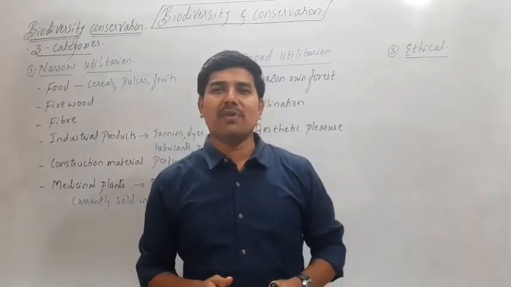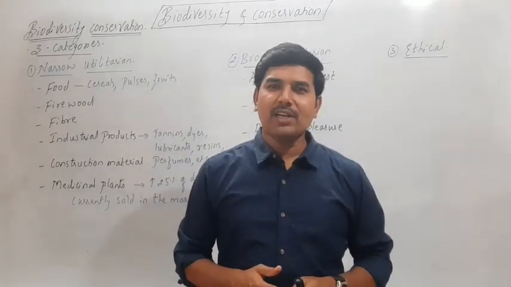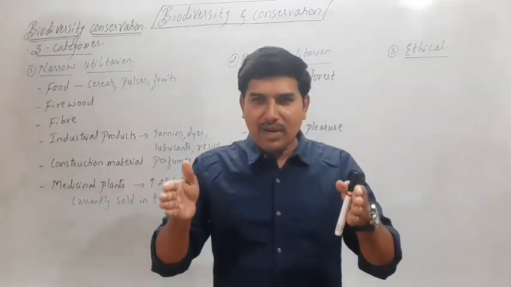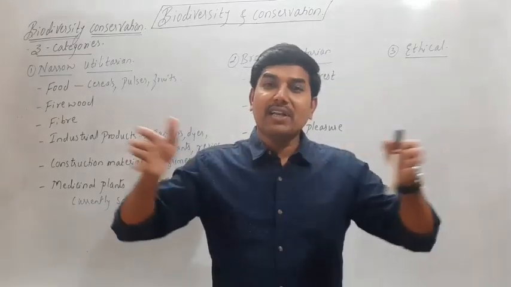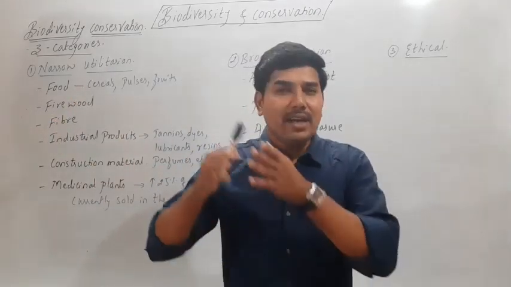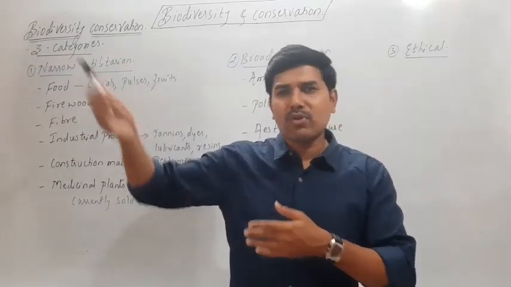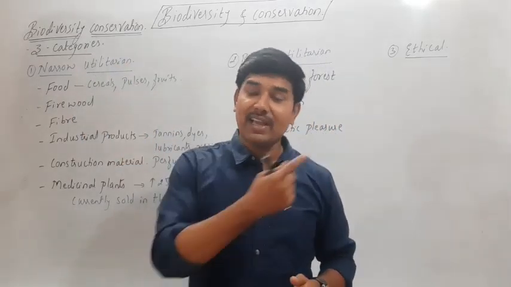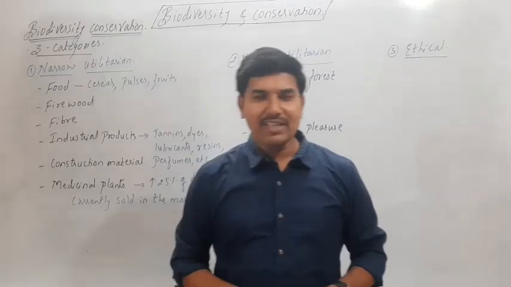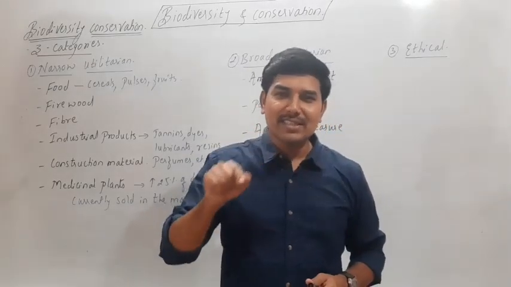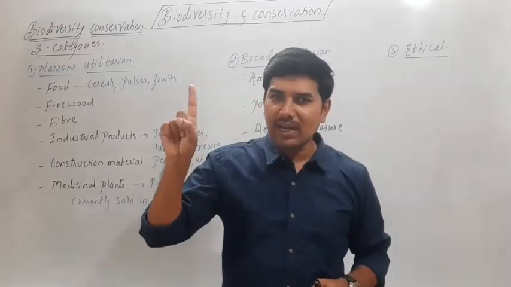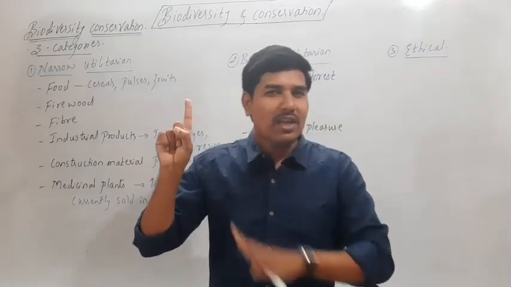Suppose we are cultivating jowar, do we cultivate only in 1 acre? No. We cultivate on a large scale, in 100 acres, 1000 acres, or more than 1000 acres, and it has to be supplied throughout the globe. As a result, the species conservation is of only one, species richness is only one.